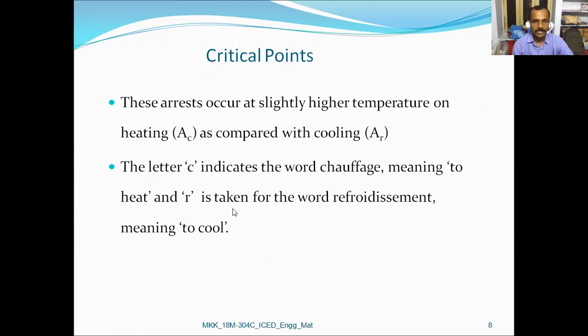Whereas R is taken for the word refroidissement, similar to refrigeration or cooling, which means to cool. So C means to heat and R means to cool. That's why for heating capital A subscript C and for cooling capital A subscript R is taken.